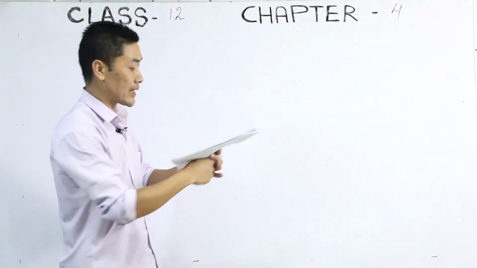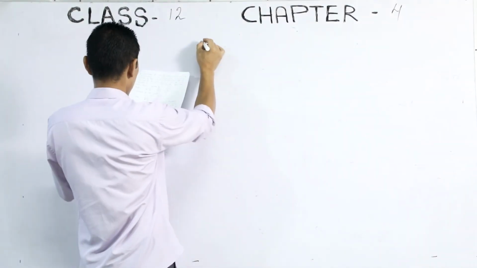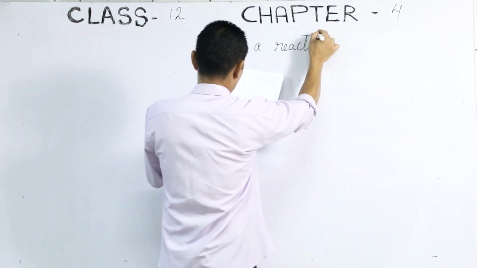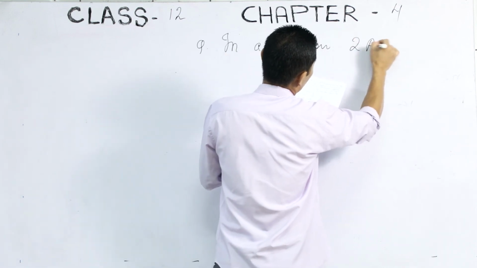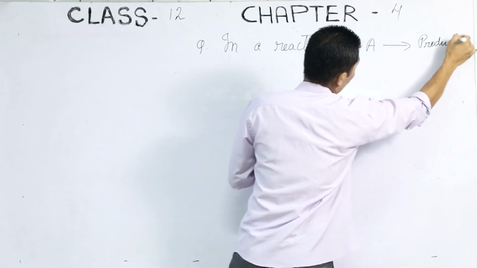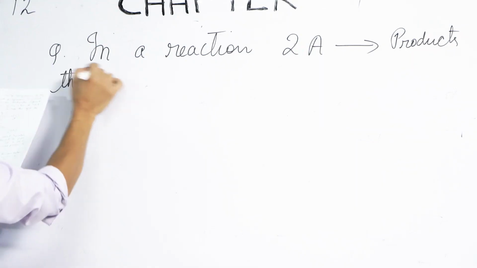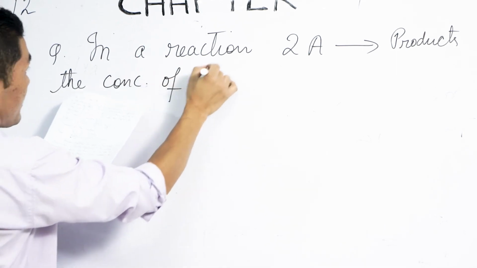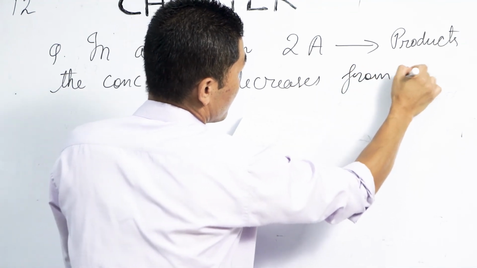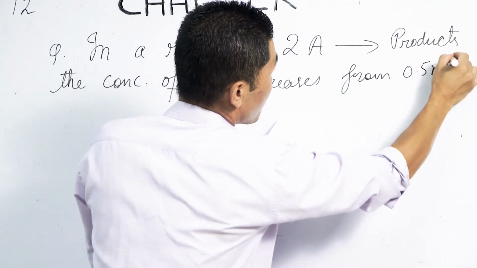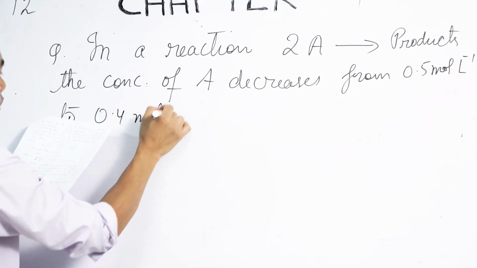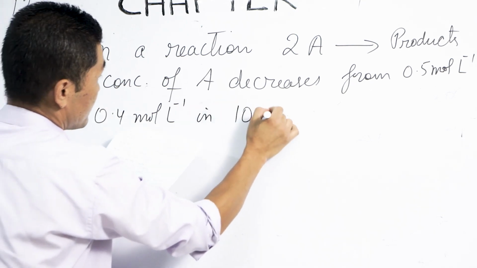Let us quickly see another example. In a reaction where 2 moles of a reactant A turn to products, the concentration of A decreases from 0.5 mole per liter to 0.4 mole per liter in 10 minutes.